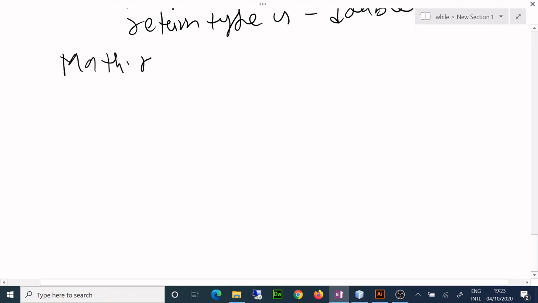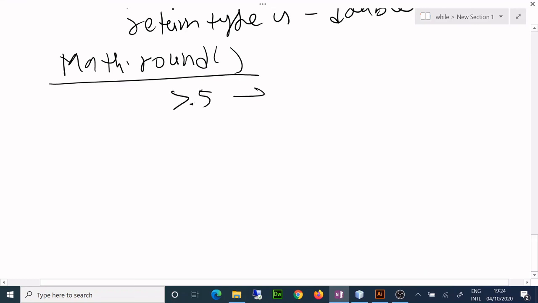Now, what does math.round do? It does what you do in maths. If it is greater than or equal to 0.5, it rounds it up. If it is less than 0.5, then it rounds it down.